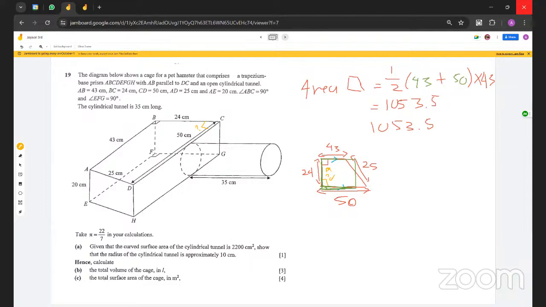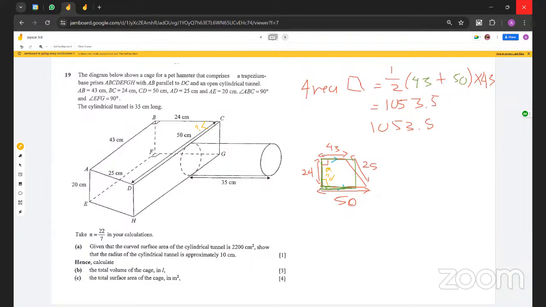Whatever that is, that must be correct. Now you say times 43 is wrong, and I agree with you. It shouldn't be times 43. Now, look at the rectangle. You already get the mid, the half of 43 plus 50. Then you're supposed to times what? Look at the special rectangle.